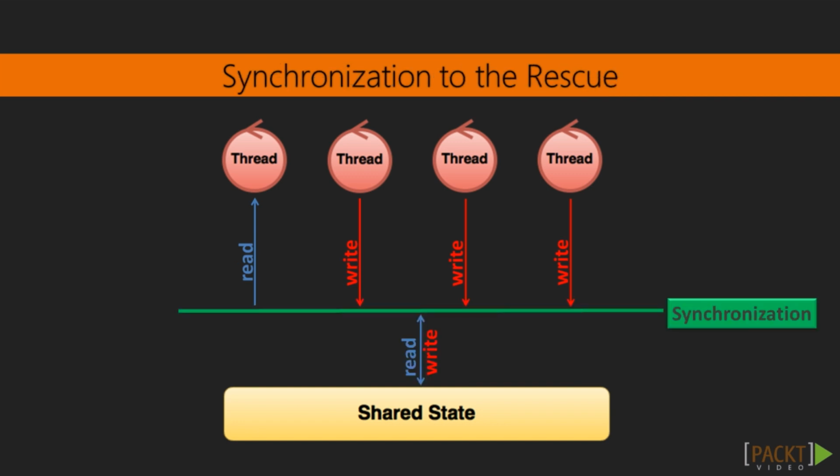Synchronization is the key player in coordinating the access to shared mutable state during race conditions. In essence, usage of different synchronization primitives, for example locks, monitors, mutexes, and semaphores, ensures that the read and write operations are properly ordered, and one and only one thread is able to modify the shared state at any time.